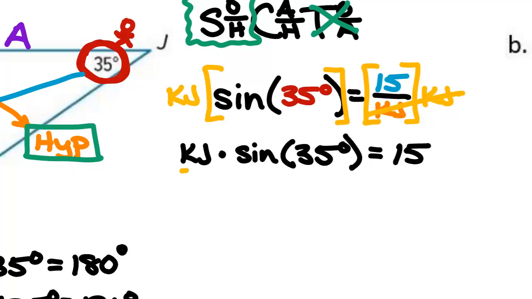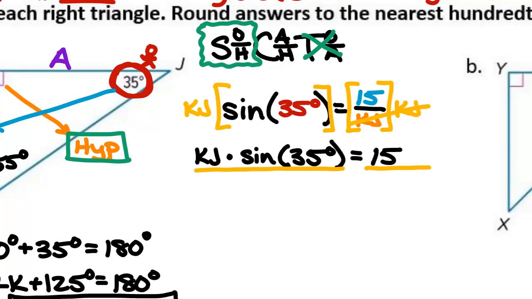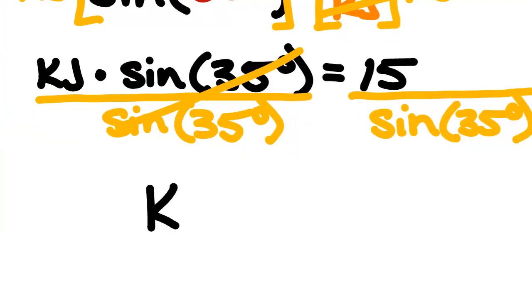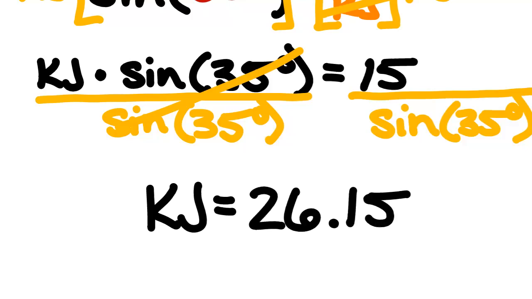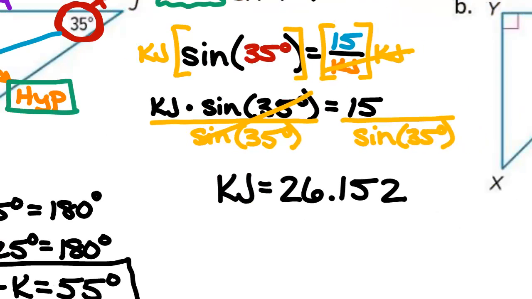And then we would have to divide both sides by the sine of 35 degrees. 15 divided by the sine of 35. KJ is equal to 26.151152, depending on how you round that.